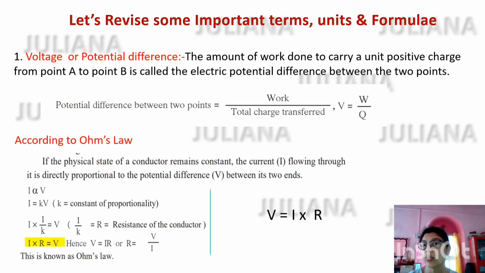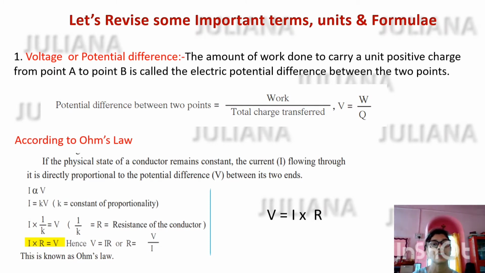According to Ohm's law, which we studied in 9th standard, if the physical state of the conductor remains the same, then the current flowing through it, I, is directly proportional to the voltage. From this experiment, we can get the formula voltage is equal to current into resistance.